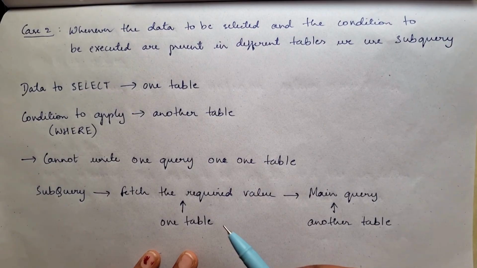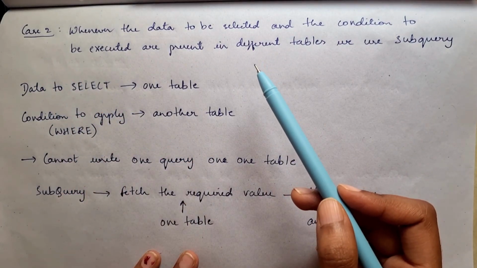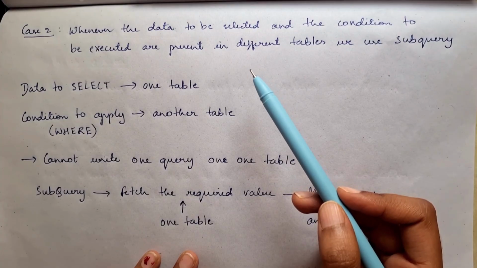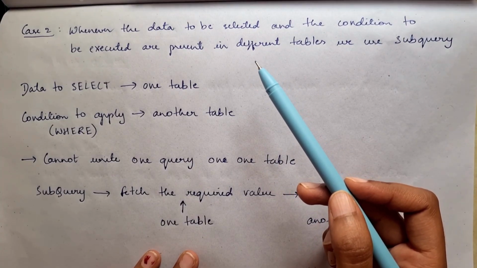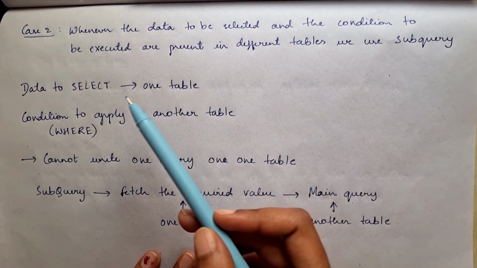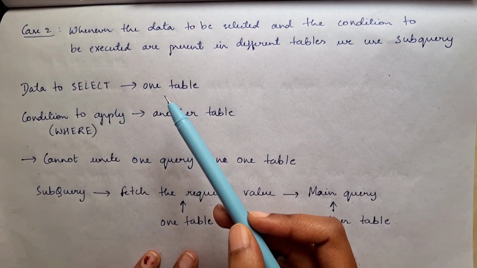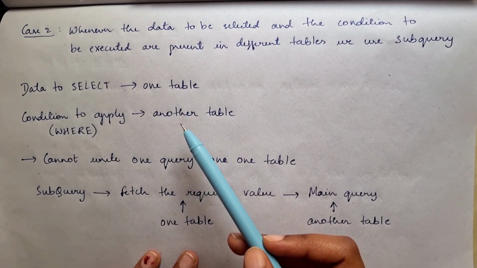Now let's understand case 2 of subqueries. We use a subquery when the data we want to select is present in one table, but the condition that we need to apply is present in another table. In simple words, the select part belongs to one table, whereas the where condition depends on another table.